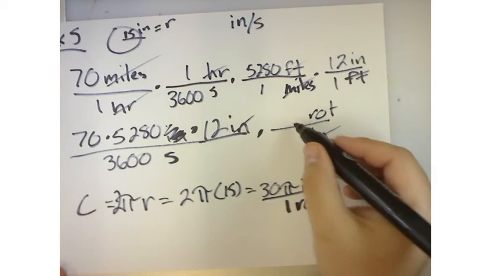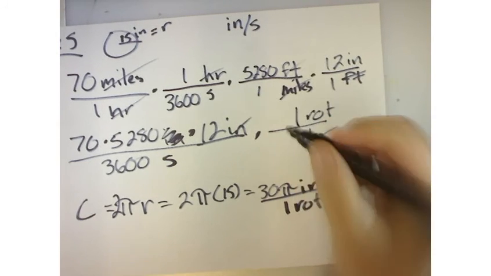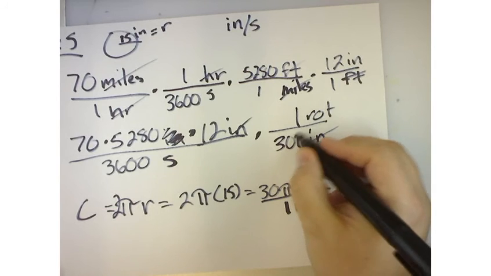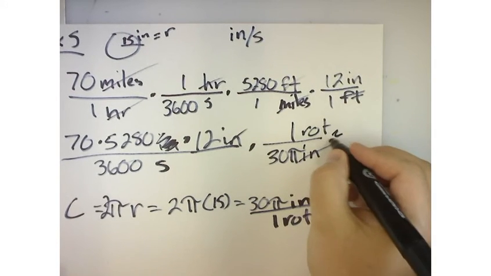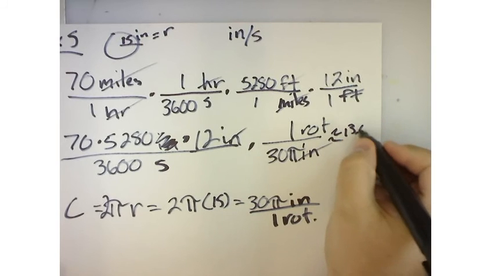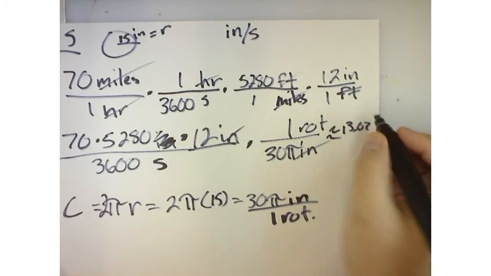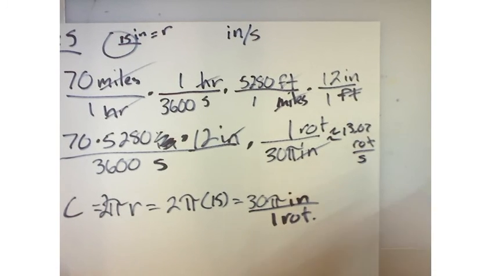So what number goes on top? 1. What goes down here? 30 pi. Now, what that comes to be is about 13.07 rotations per second. Okay, I ran out of room, but it's rotations per 1 second. Does that make sense?